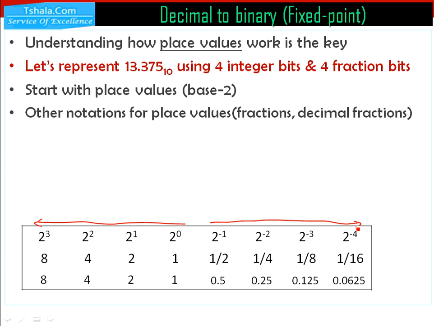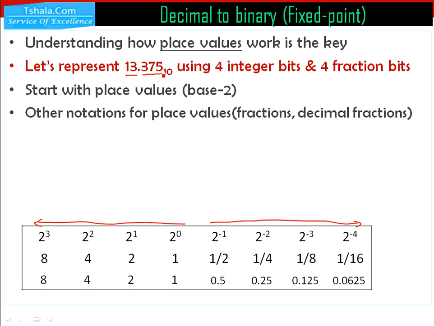Now, having our place values, we can find where our binary digits will go. Note that we need 13 as the integer part and 375 as the decimal part.